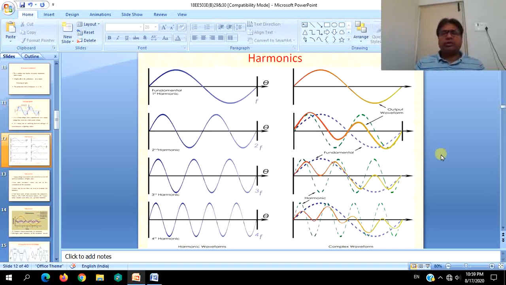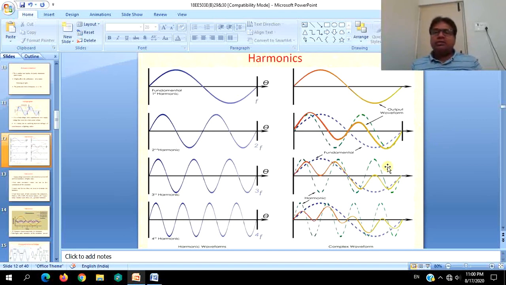Even harmonics means the frequency of the harmonic is a multiple of the first harmonic or fundamental with an even number, like 2, 4, 6. And these even harmonics get cancelled out due to the symmetry of the wave. It is the third, fifth and seventh, that is odd harmonics, on which we have to focus our concentration, which will adversely affect the shape of the waveform and also the performance of the equipment.